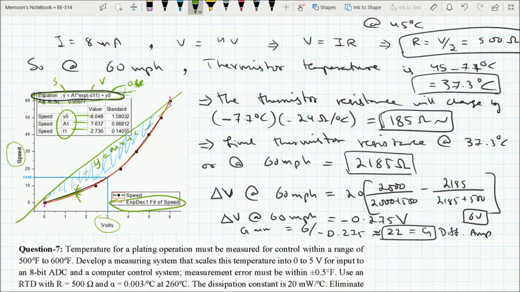So you should not use y is equal to mx plus c. The linear expression should not be used in such cases, in case of bridges, but the actual expression of output versus the input should be used, and usually that is an exponential expression, a single order exponential. So what you can do is you can use this expression to solve for your unknown based on your known, and you can easily solve logarithms and exponentials inside your microcontrollers or microprocessors.